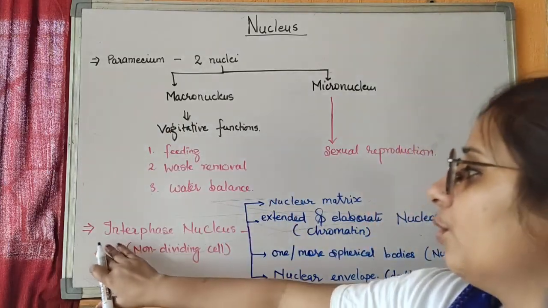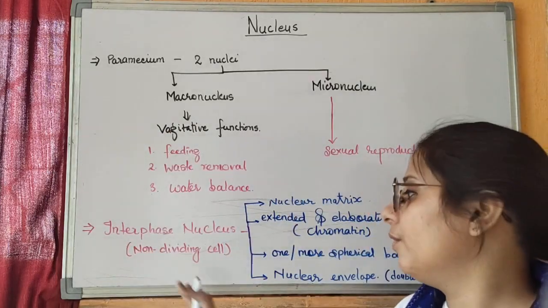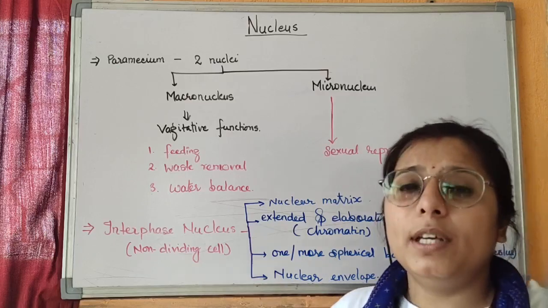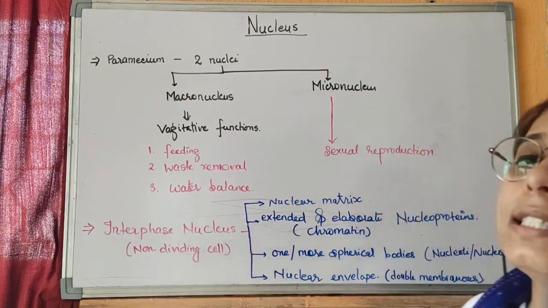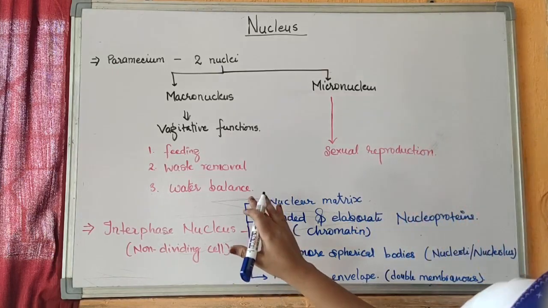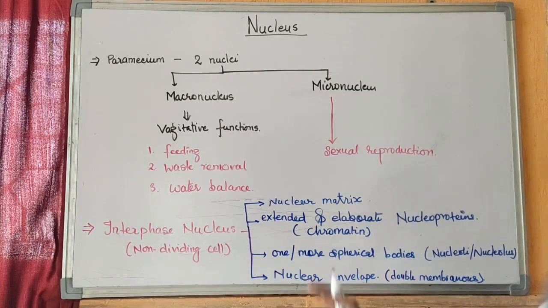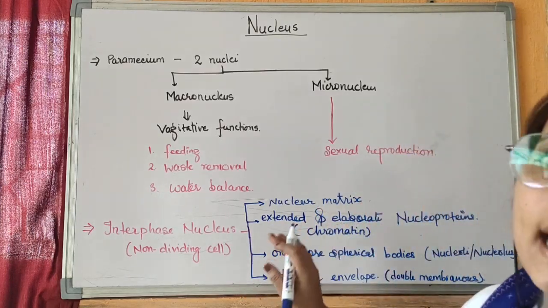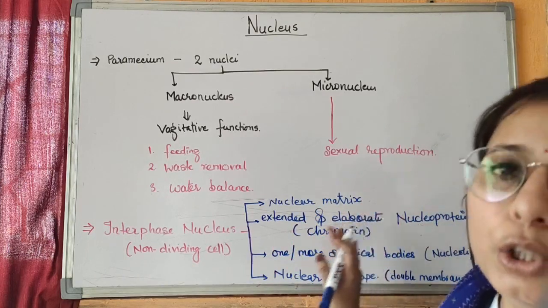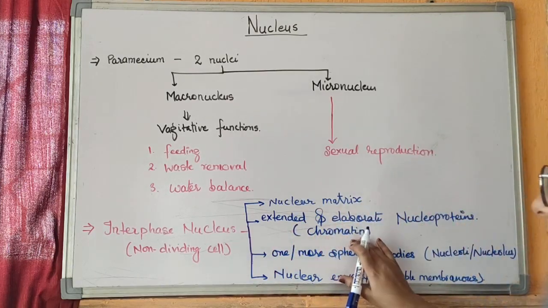Now, coming to the interphase nucleus of a non-dividing cell. When a cell is not dividing, it's in interphase, and it has four parts. The first part is the nuclear matrix, the matrix that has all the contents of a cell. Secondly, it has an extended and elaborate nucleoprotein called chromatin.